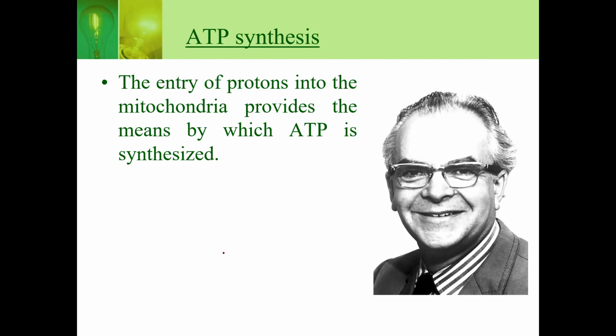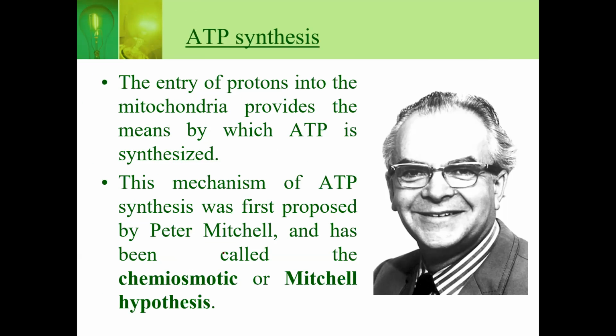This is Peter Mitchell. Peter Mitchell is the father of the chemiosmotic or Mitchell hypothesis. So Lehninger worked and worked and worked his whole life looking for that high phosphate intermediate. It was Peter Mitchell who actually took what Lehninger did and finished it out.